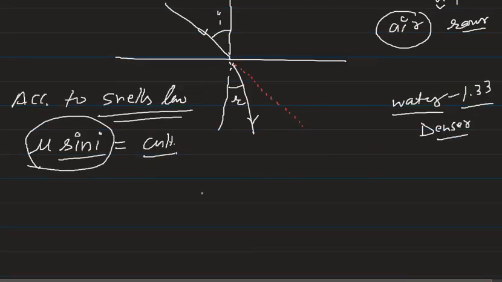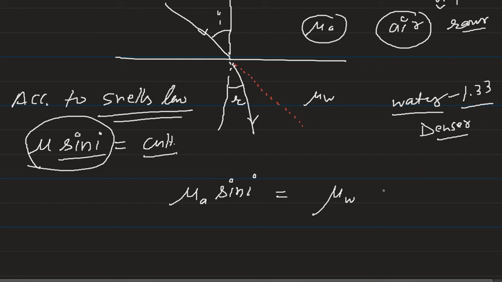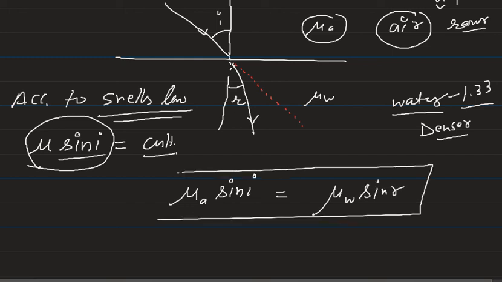Let mu a be the refractive index of air, and the angle of incidence is I, so it is written as mu a sine I, equal to a constant. On the other side, we write mu w, the refractive index of water, and the angle of refraction is R, so it is written as mu w sine R. That is the utilization of Snell's law on one refraction.